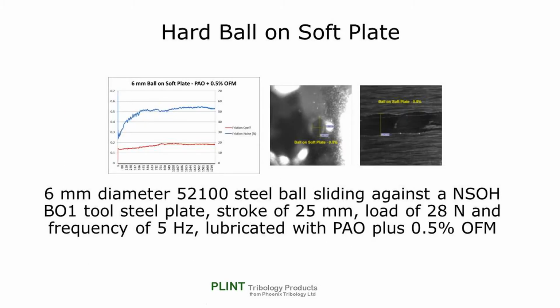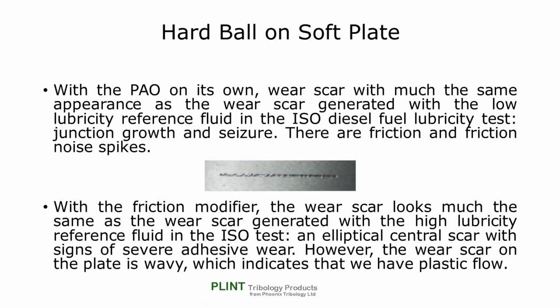With the friction modifier, the ball wear scar looks much the same as the wear scar generated with the high lubricity reference fluid in the ISO test, an elliptical central scar with signs of severe adhesive wear. However, the wear scar on the plate is wavy, which indicates that we have plastic flow.